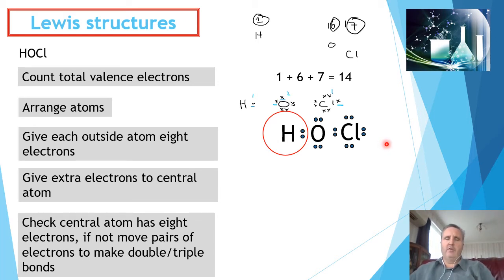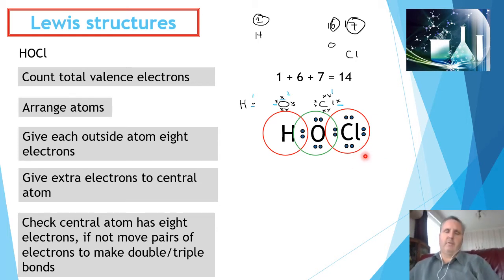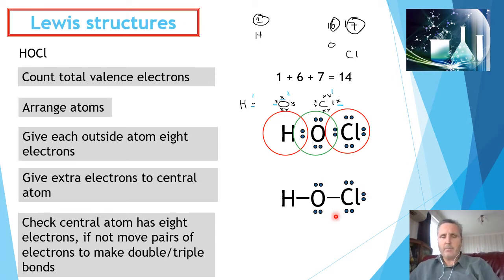Chlorine has 8, so it will also fill its electron shell, and oxygen has 8 around it, so it's satisfied as well. We have used exactly the 14 electrons we're given, so we are happy now that this Lewis structure is correct.